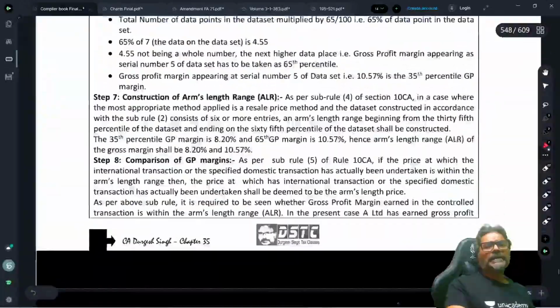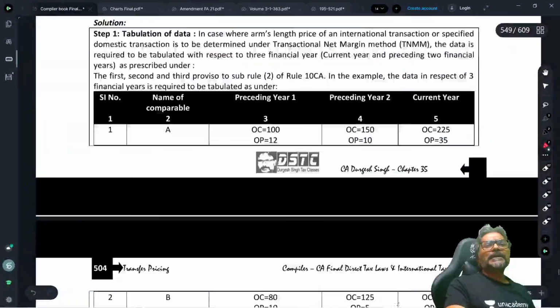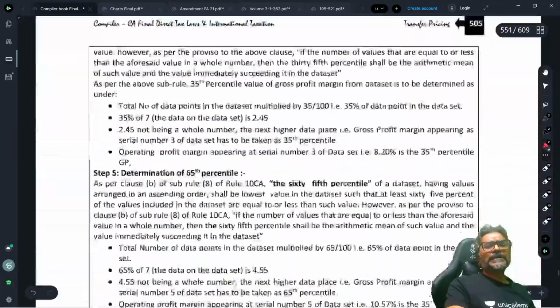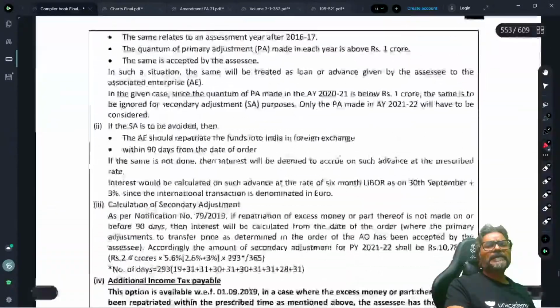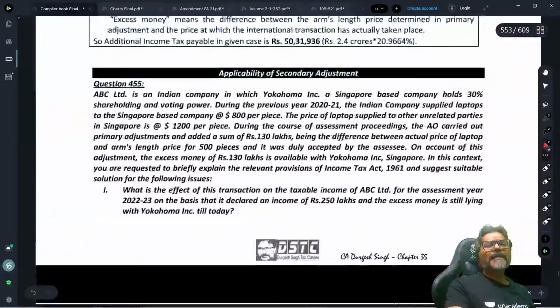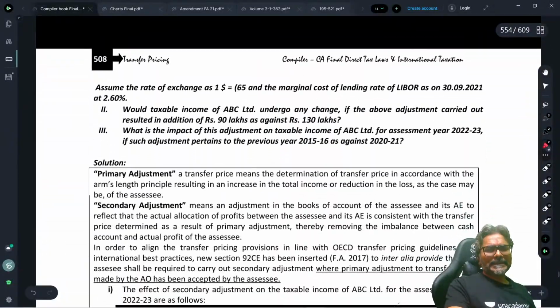First, CUP method. So here is your CUP method, students. Let's take the CUP method where it is. So the CUP method of determination of the ALP.